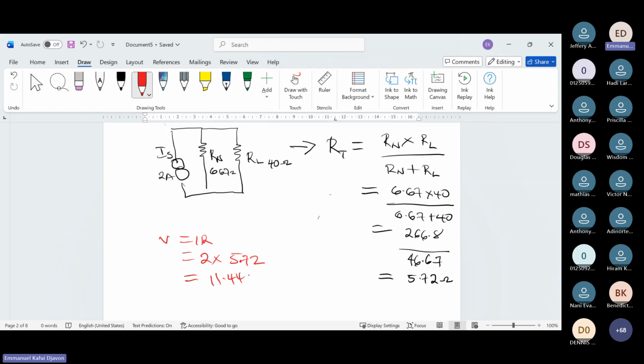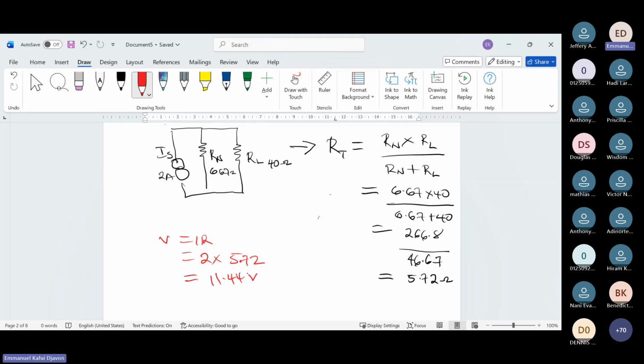What's the unit? Volt. Volt. 11.44 volts. Okay, thank you.